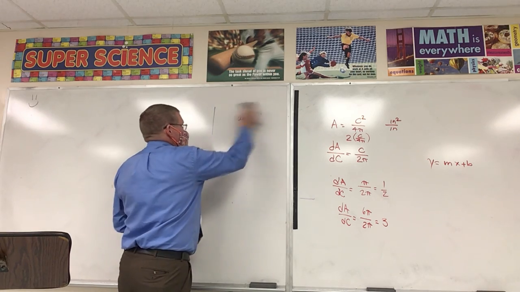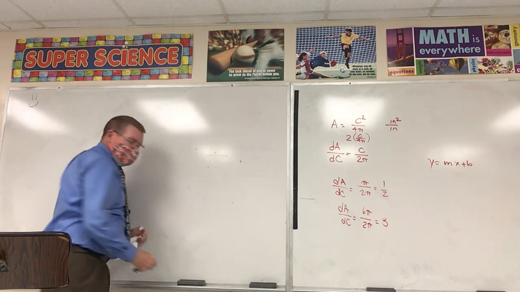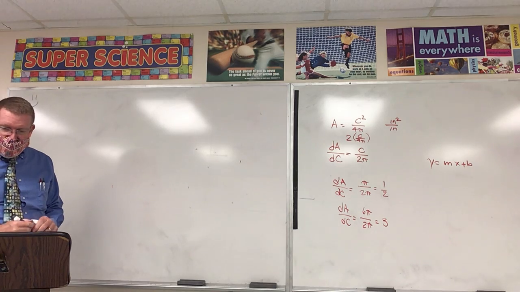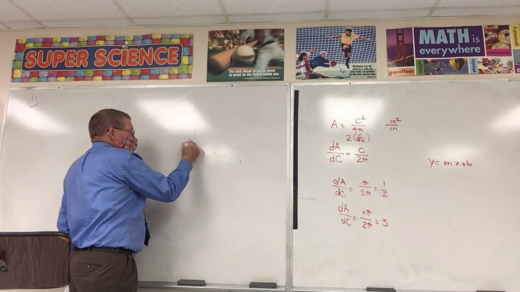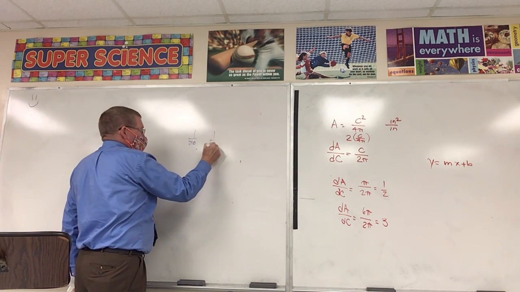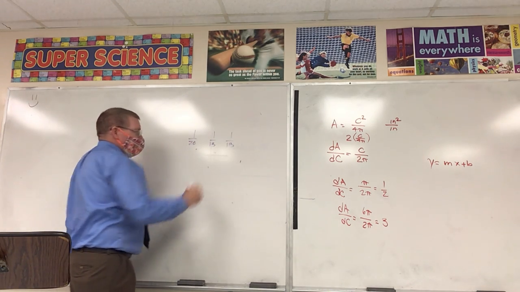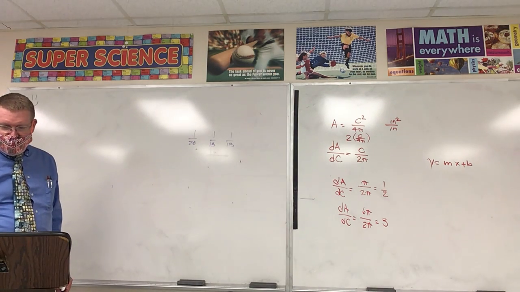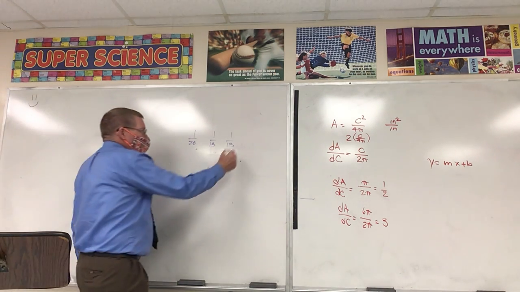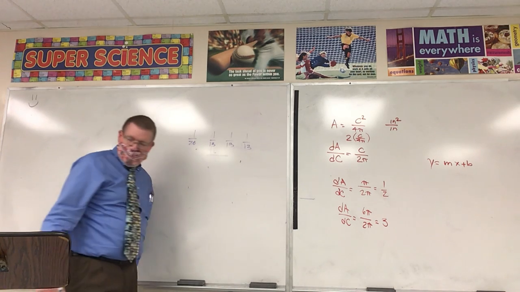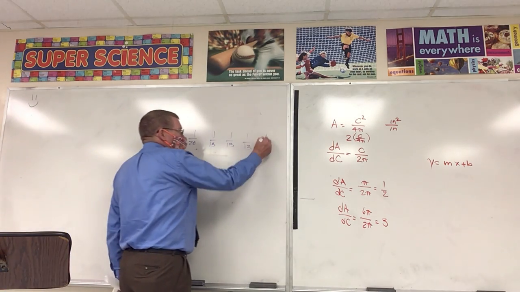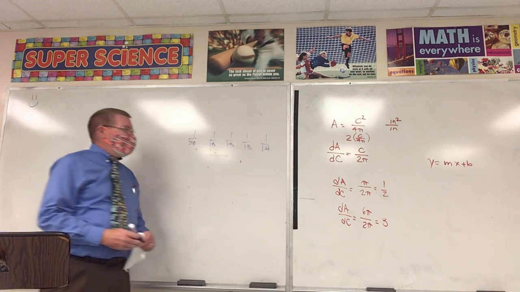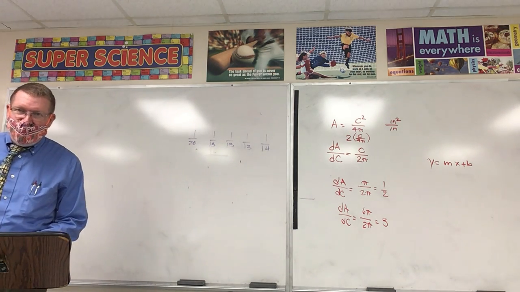What's the slope between 2 and 3? 1 over 13. 1 over 20, 1 over 13, it does get bigger. What's the slope between 3 and 4? 1 over 13. What's the slope between 4 and 5? 1 over 14. So what's my approximate speed at furlong 3?